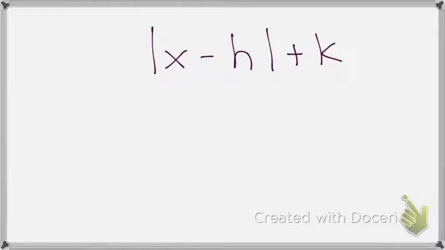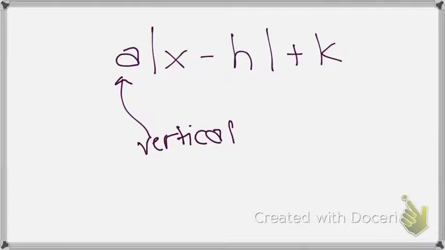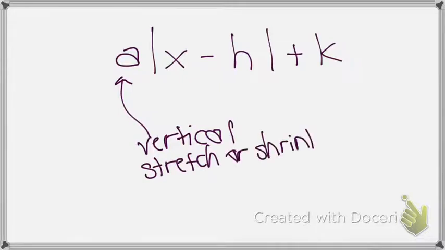The first thing we are going to add is an a value out front. Anyone remember what that did to the graph? You did these last year. Okay, it's like a slope. We also call it a vertical stretch or shrink. Okay? If A is larger than 1, it's a stretch.